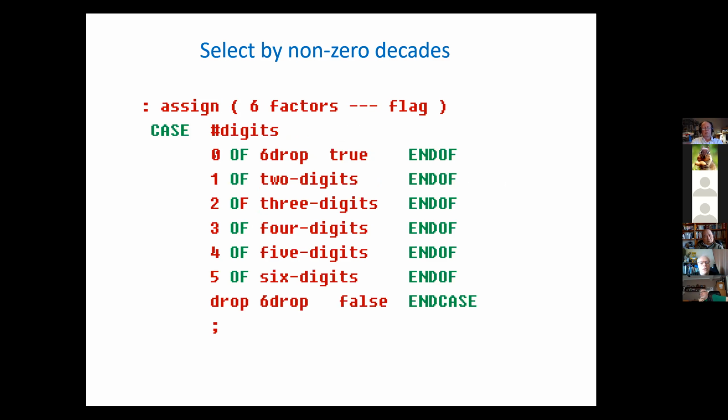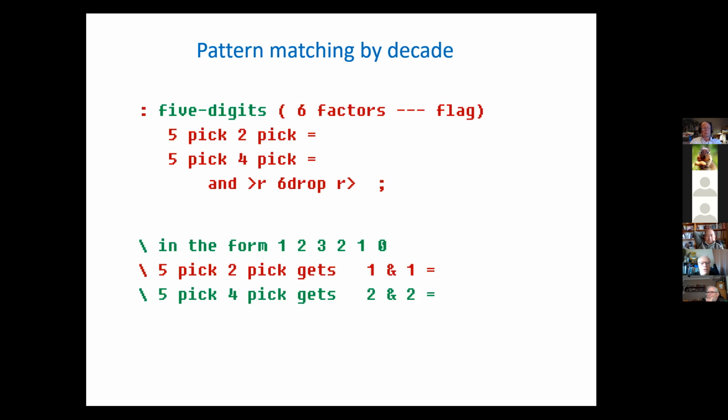So in that case, the 6 drops our input values and we force a true because all single-digit numbers are palindromic. The case of 1 handles 2 digits, the next is 3, 4, 5, and 6 digits. At the very bottom is the drop 6 false, which is the default case, which should never execute.